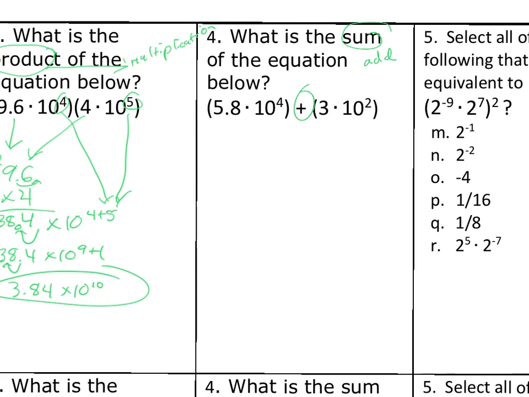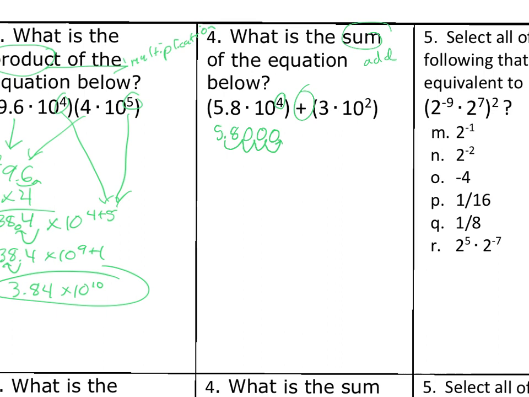So, what would you do as your first step towards adding? That's right. You're going to stay inside the parentheses and move that decimal over. So you got 5.8. And that 4th power right there means move the decimal 4 times. 1, 2, 3, and 4. So fill in what's missing. 1, 2, and only 3 zeros.